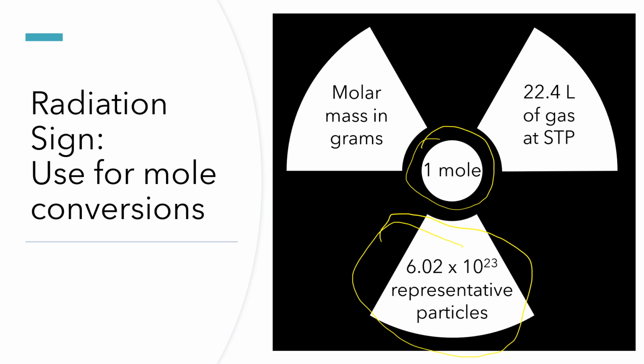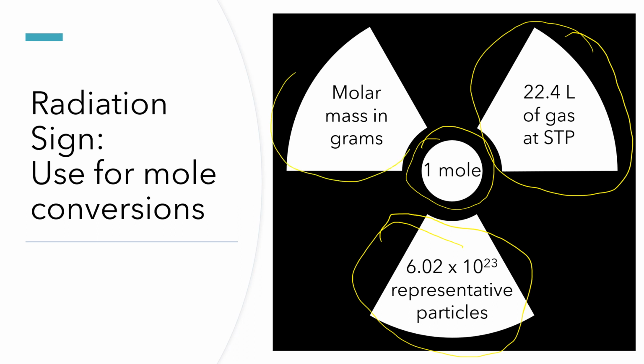Then if the substance that we're talking about is a gas and you have 1 mole of a gas, it'll occupy a volume of 22.4 liters at conditions called STP, standard temperature and pressure. These conditions are very close, but not exactly room temperature and normal pressure. Then the 4th thing that 1 mole is equivalent to is the molar mass of the substance in grams.